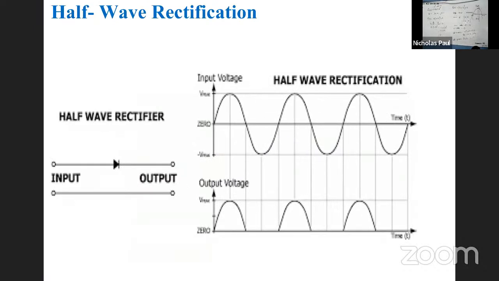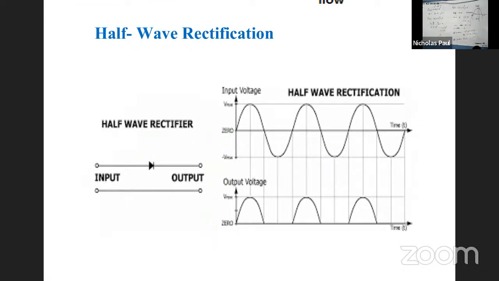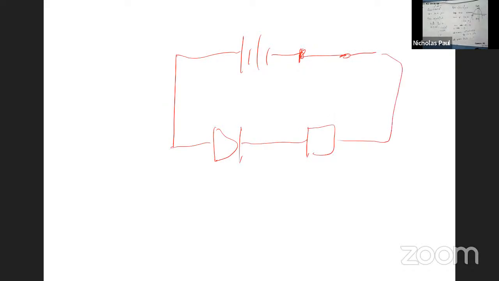Half wave rectification is this. If you were to connect a diode to a simple circuit, all the negative parts of the circuit will not conduct, or all the positive parts. But in our example here, all the negative part of the circuit will not conduct. So the circuit might look something like this: you have a supply, a diode, and the diode connected to a resistor.